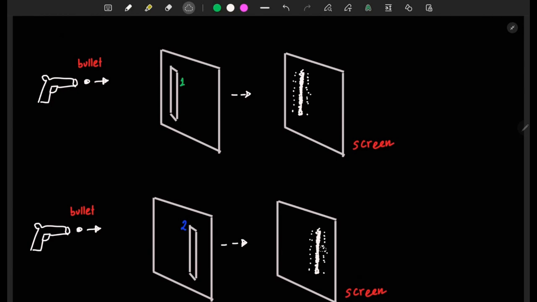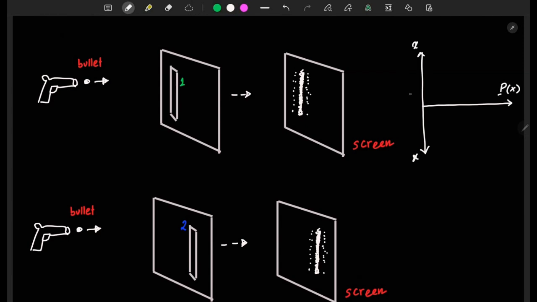So essentially what we have is a probability of bullets ending up in different regions on this screen. The vertical direction is the position of the bullet, and on the horizontal axis I can plot a relative probability, that is, where the bullet actually ends up.